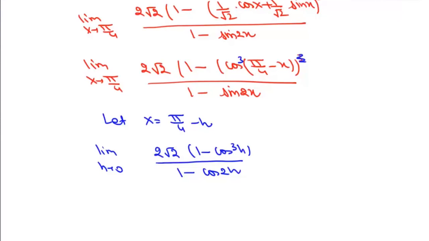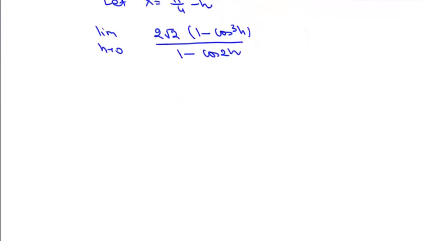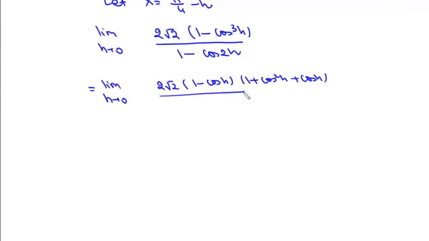Now we can write this as limit h tends to 0, 2 root 2 (1 minus cos h)(1 plus cos square h plus cos h) upon 1 minus cos 2h.